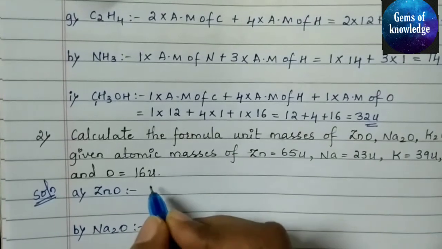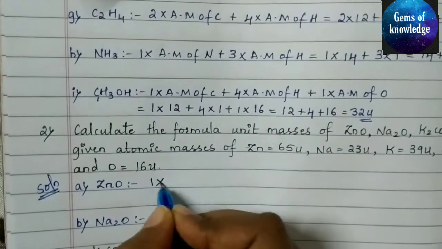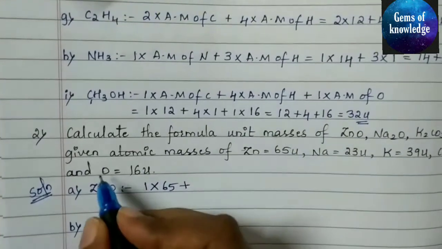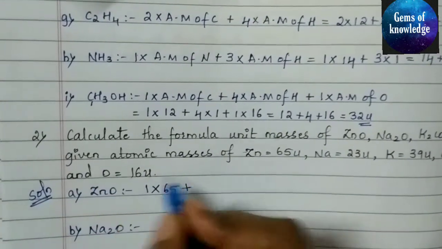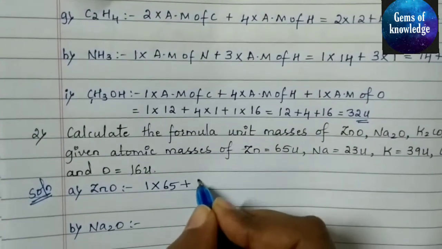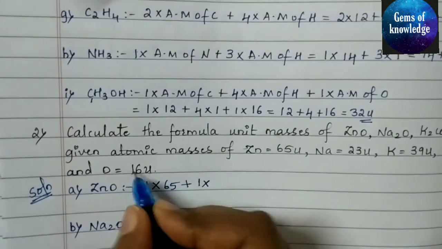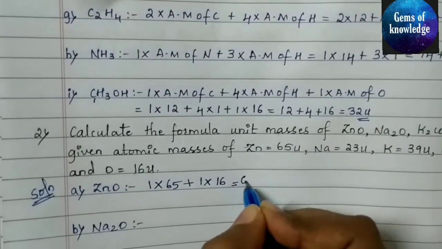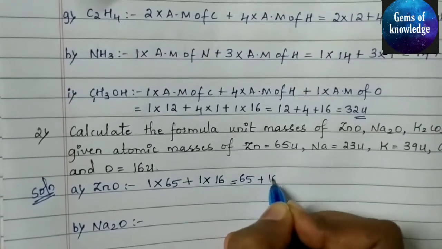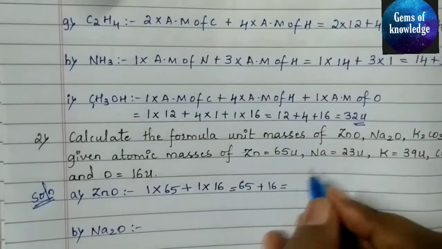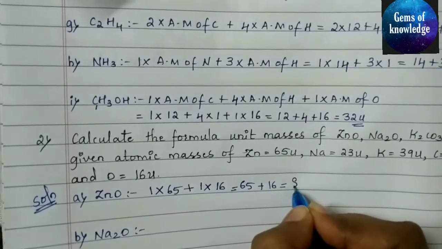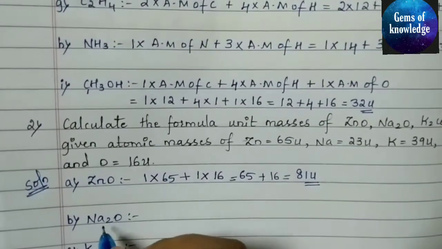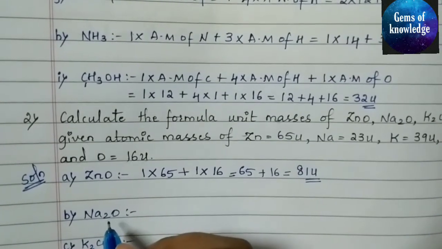So Zn is how many times? 1 time. So 1 into 65 plus O. O is how many times here? That is 1 time. So 1 into 16. So what are we getting? 65 plus 16 is nothing but 81 units. Okay. So similarly you can see the second one, Na2O.